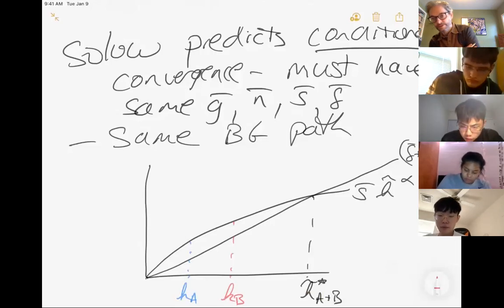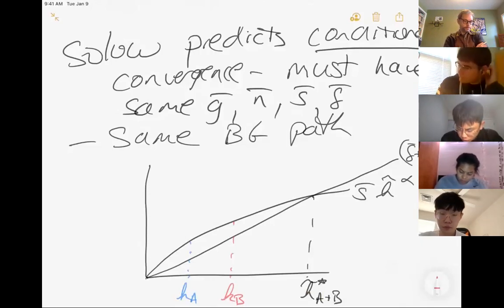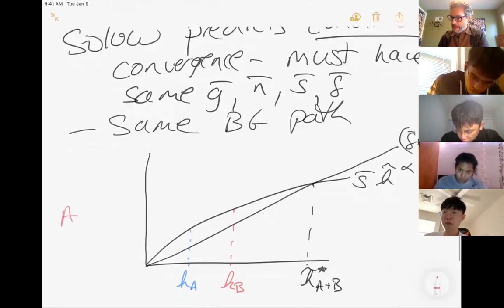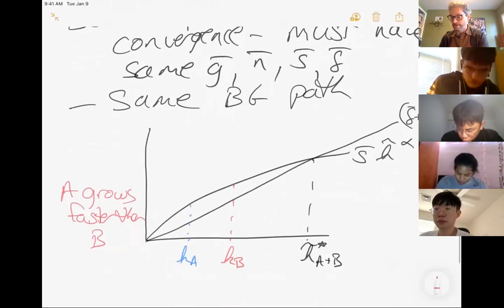So country B is richer than country A, but they have the same balanced growth path. So what's going to happen over time? A grows faster than B. And over time, they will converge.